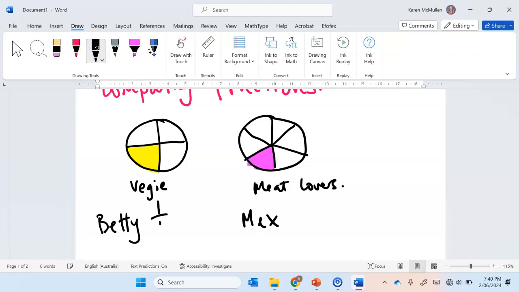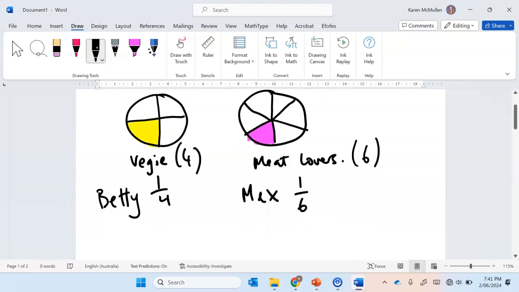So Betty gets a quarter of a pizza and Max gets 1/6. You can see that clearly Betty gets more pizza. She gets a quarter because she only has to split between 4 veggie people, whereas Max has to split between 6 meat lovers.